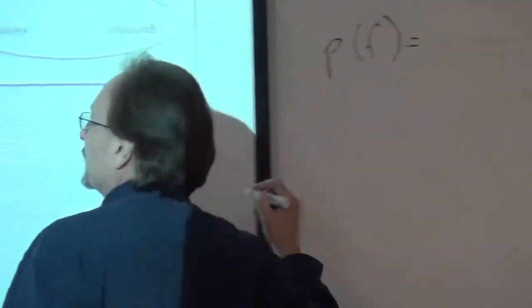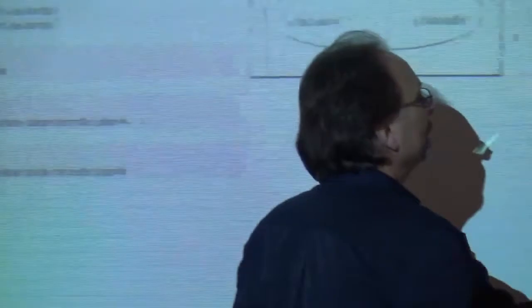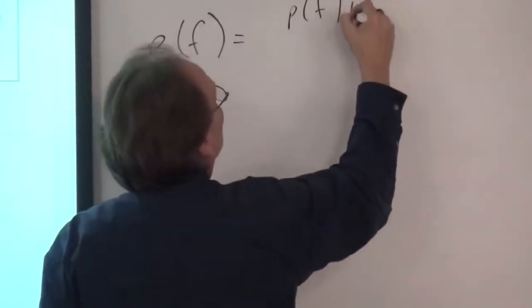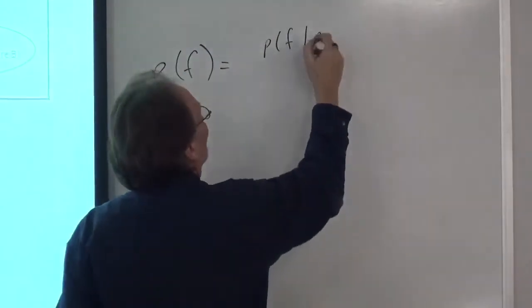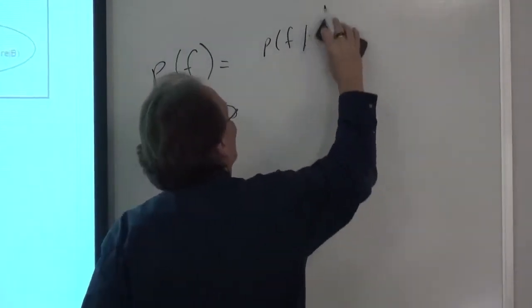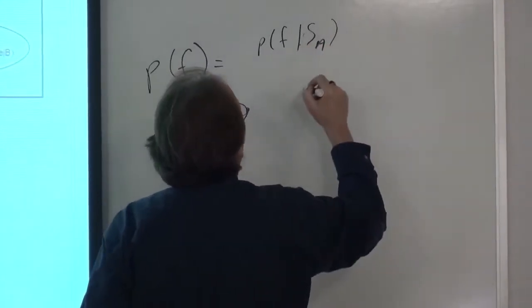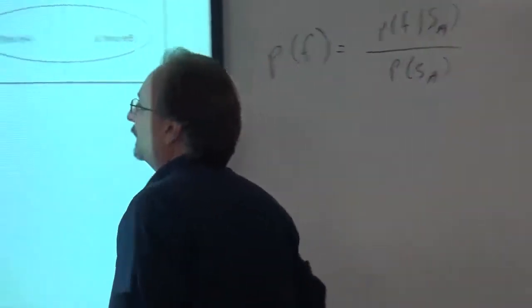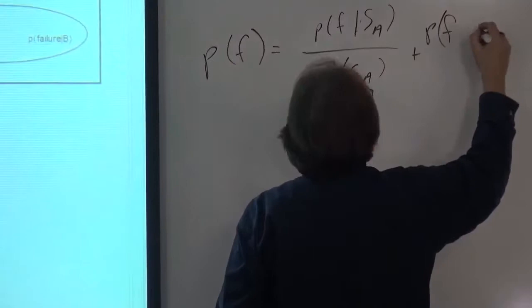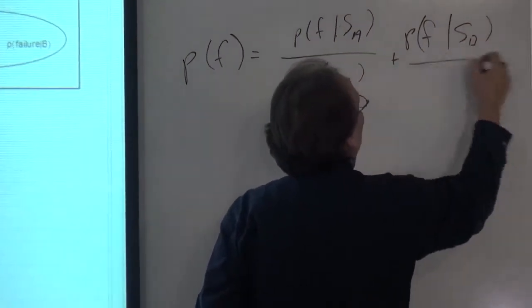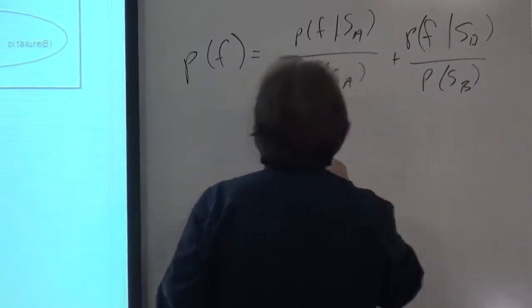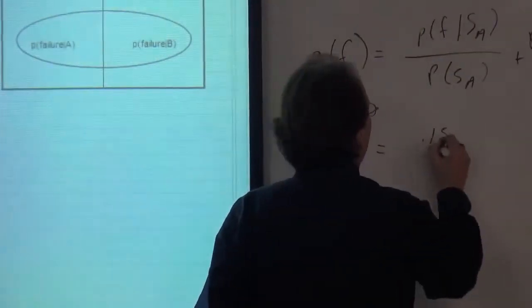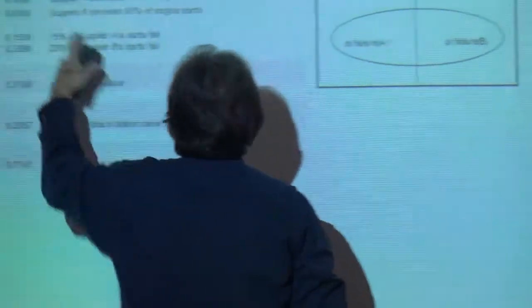the probability of failure. If we expand this, it's failure given supplier A, and I'll use the shorthand S sub A here so I don't have to write all that out, over probability of S sub A, and then probability of failure given S sub B over the probability of S sub B. And we know the failure given supplier A is 0.15, and the probability of supplier A is 0.4.